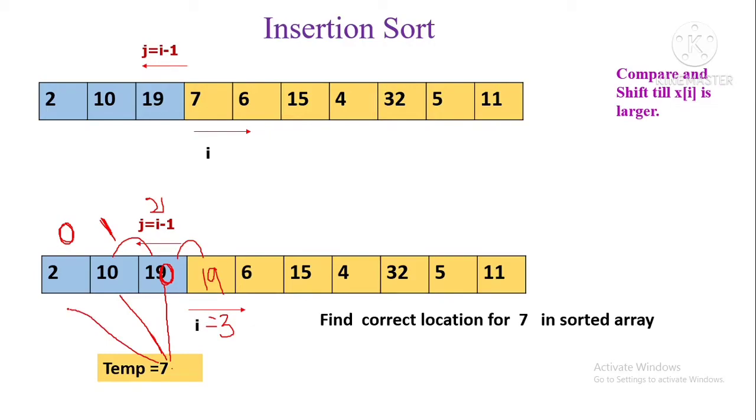Since my temporary variable is larger, immediately this value can be placed in the hole that we have created. Since 7 is greater than 2, 7 can come only after 2, so I can simply place my value 7 in this particular place.